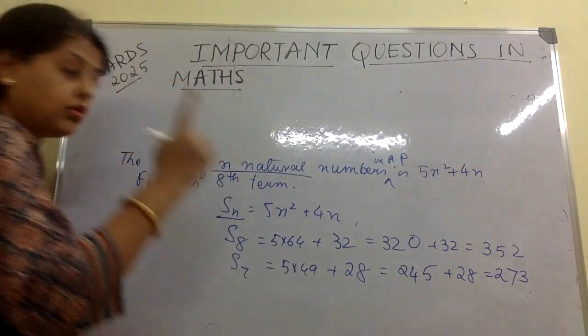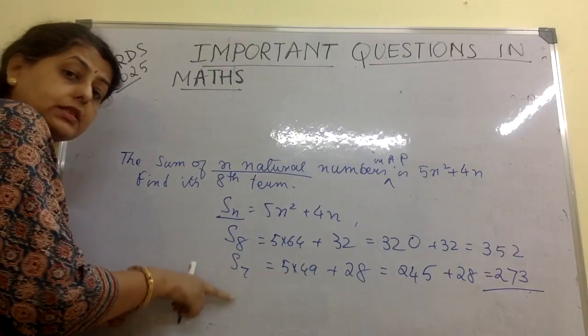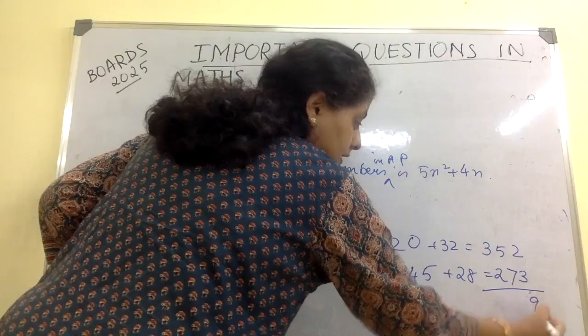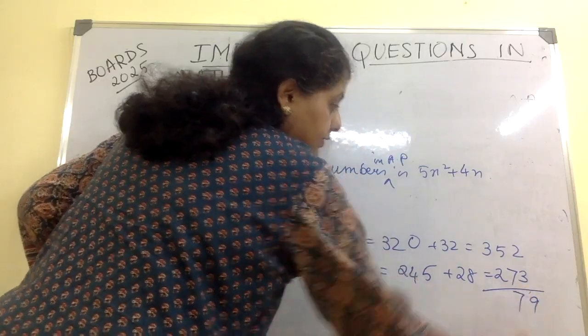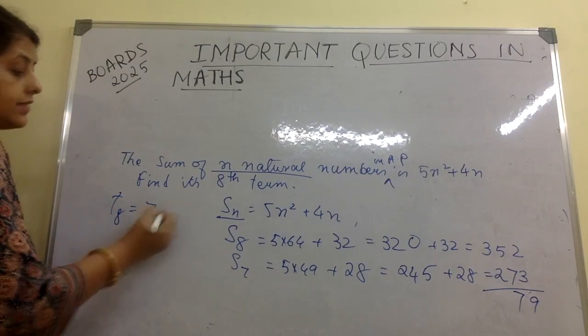On subtracting these two, from the sum of the 8th term I'll subtract the sum of the 7th term and I'll get the 8th term. So my answer is T8 is 79.